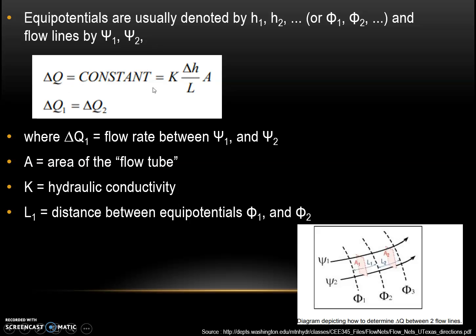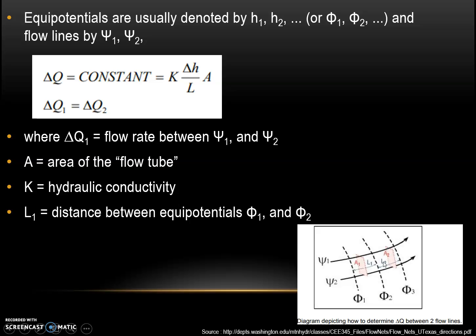Delta Q is constant, which is equal to K into hydraulic gradient, that is delta H divided by L, into A. Delta Q1 is equal to delta Q2, where delta Q1 is equal to flow rate between psi1 and psi2. A is equal to area of flow tube, K is hydraulic conductivity, L1 is the distance between equipotentials as seen from this diagram, that is phi1 and phi2.